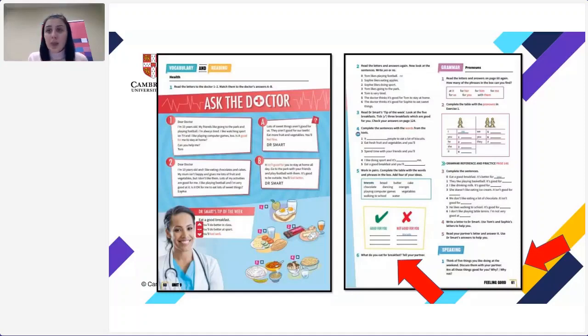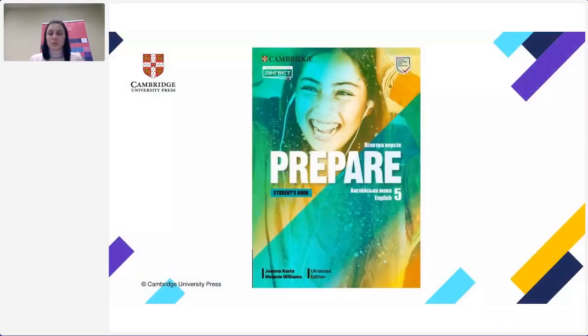So, dear colleagues, I would like to say that the book Prepare for the New Ukrainian School helps our students, first of all, to speak, to use their English language in everyday communication, in everyday life, and also to prepare them for exams from the very beginning, from the 5th grade, for DPA, external evaluation, ZNO, and other exams.